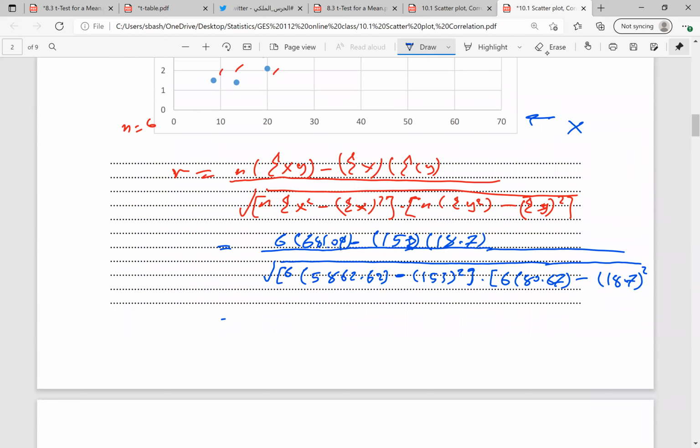This will give me now, for the numerator, let's find the numerator first.